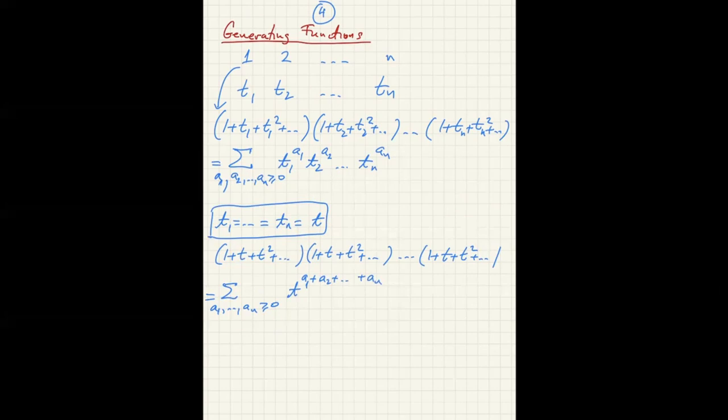But now, if we group the terms with the same exponent together, we can write this as a summation over k from 0 to infinity, t to the k. And what is going to be the coefficient of t to the k? Well, the coefficient is going to be the number of times we're going to have some n-tuple a1, a2, ..., an whose sum is going to equal k.